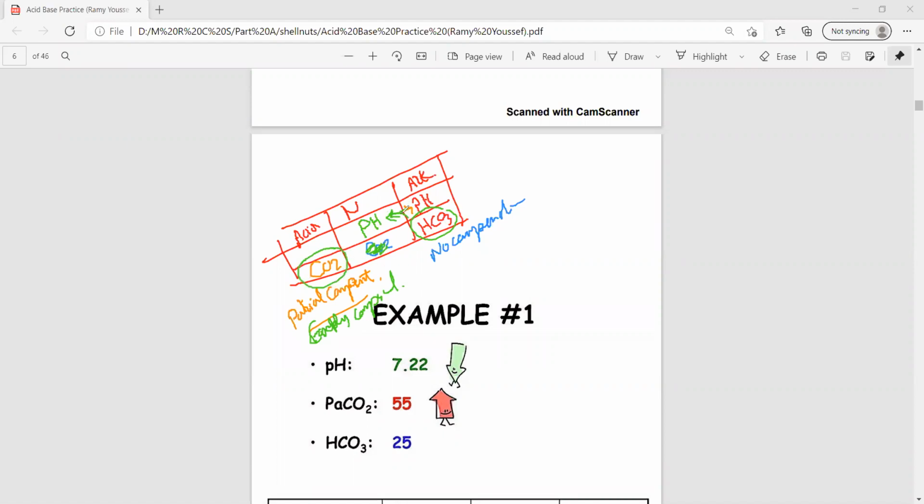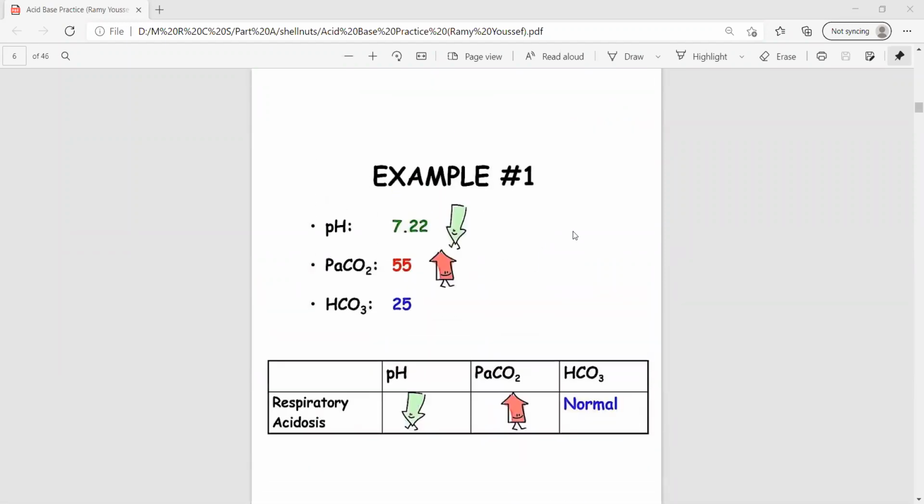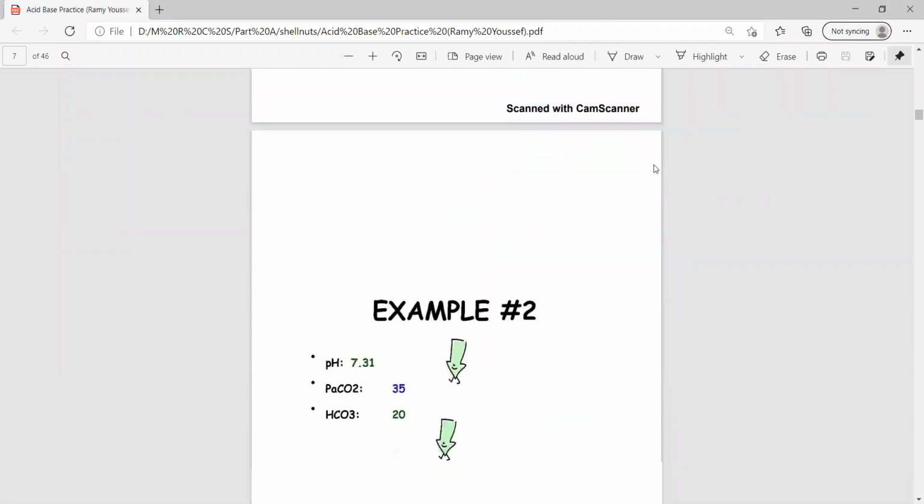Let's go back to the equation as Dr. Sumbal said: pH low, CO2 high, and HCO3, so I have a respiratory acidosis. Let's go to the next example.